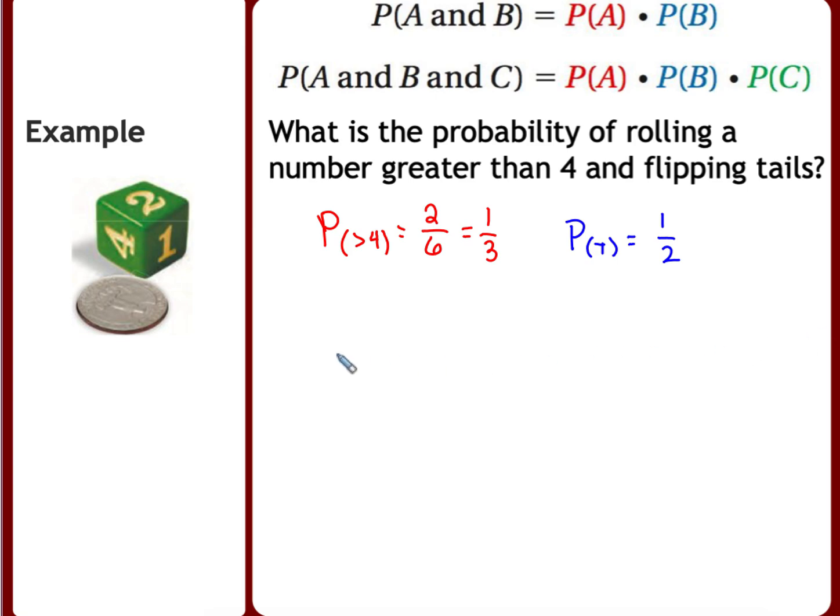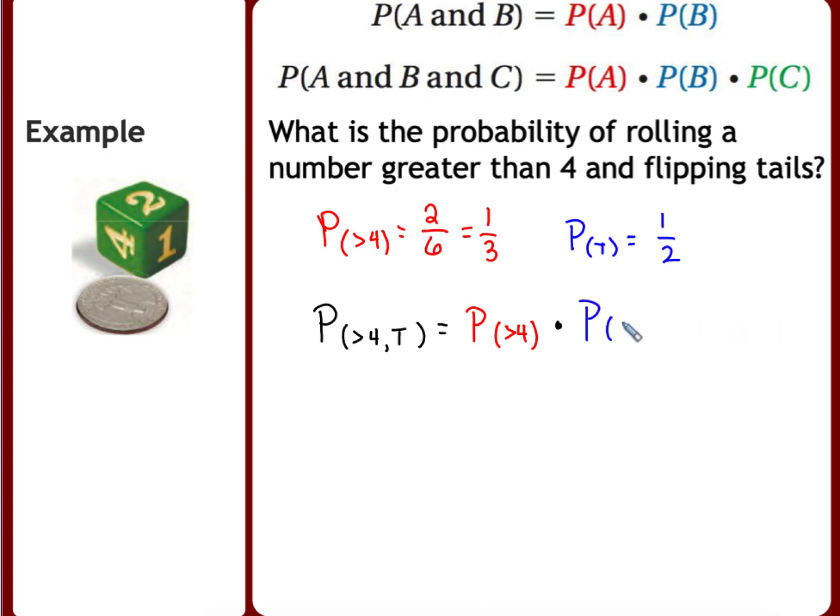So if we want to find the probability of first rolling a number greater than 4 and flipping tails, all we need to do is multiply the 2 probabilities together, similar to how we would multiply the number of possible events for each event.